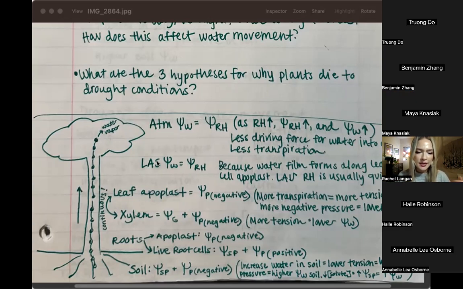As you get increased transpiration, that's going to cause the radius of the menisci to get smaller. And when it gets smaller, that increases tension. So if you increase tension, you increase negative pressure all the way down.